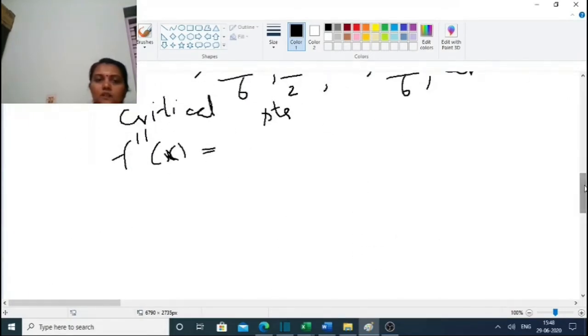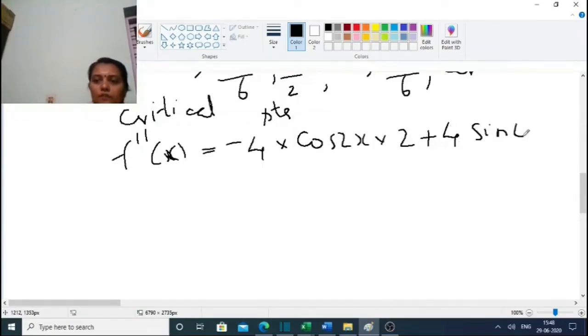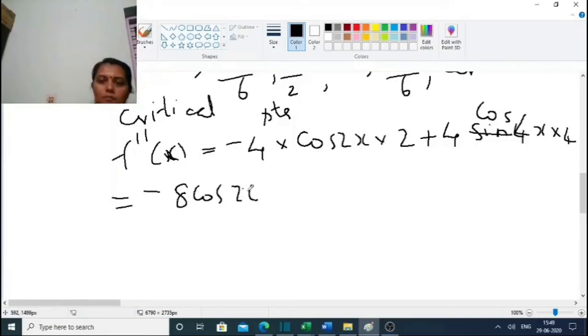So this is minus 4 into the derivative of sin 2x, which is cos 2x into 2, plus 4 into sin 4x, whose derivative is cos 4x into 4. So which is equal to minus 8 cos 2x plus 16 cos 4x.